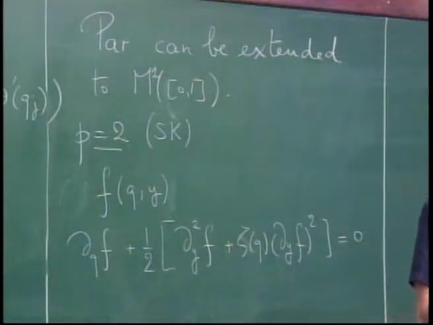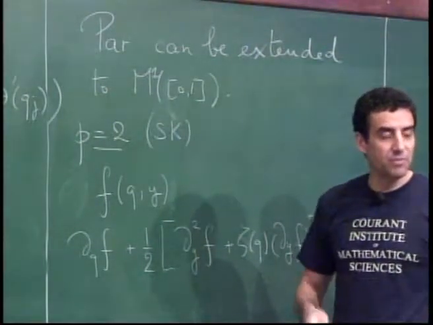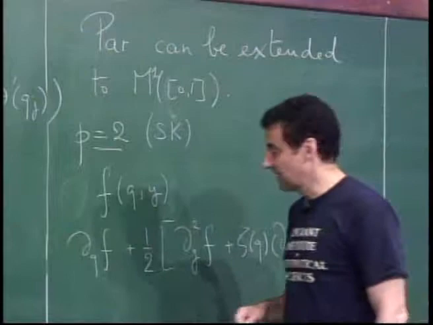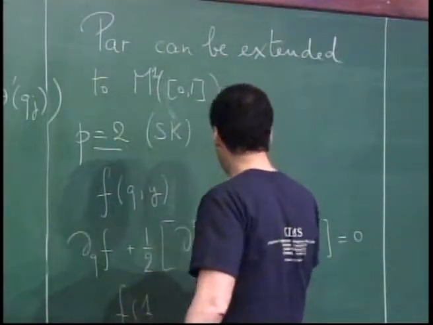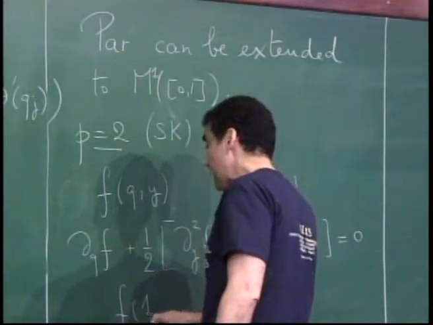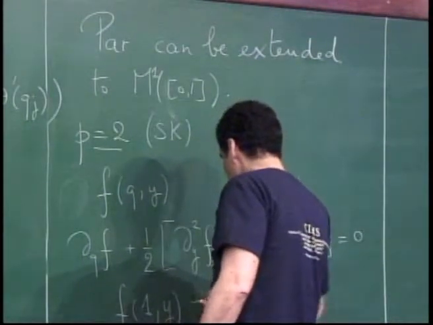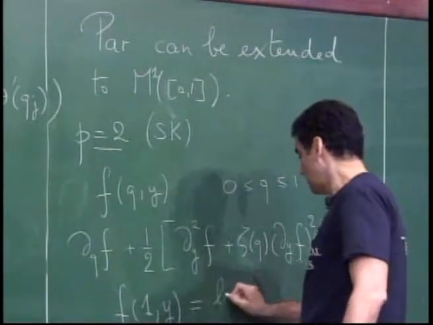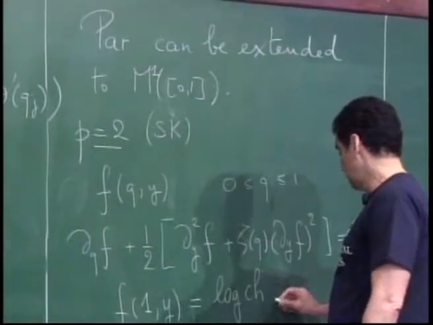But of course, the trick is that you want to solve this not with an initial condition in time, but with a final condition. So q here is between 0 and 1, and you want f at time 1, at overlap 1, on any y, to be given by log of cosh of beta y.